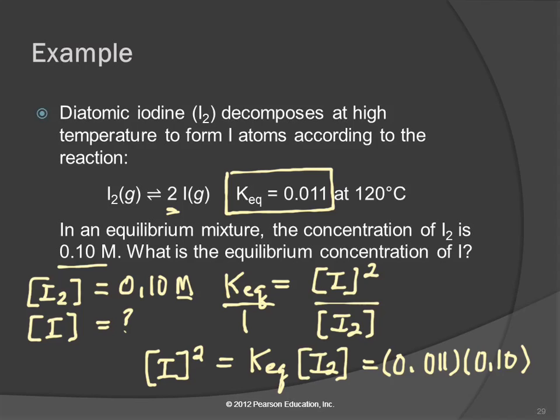And when we multiply those, 0.011 times 0.1, we get that I squared equals 0.0011.